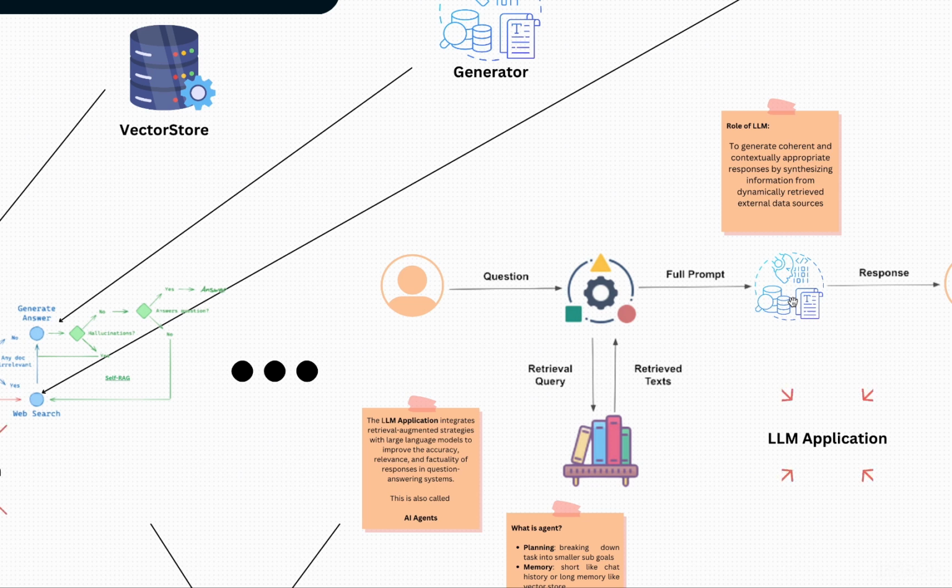This is very costly if you are going to use closed source models like GPT 3.5 or GPT 4. But this time, because we are using all these, we need a really good, powerful large language model, and it will be an open source model.